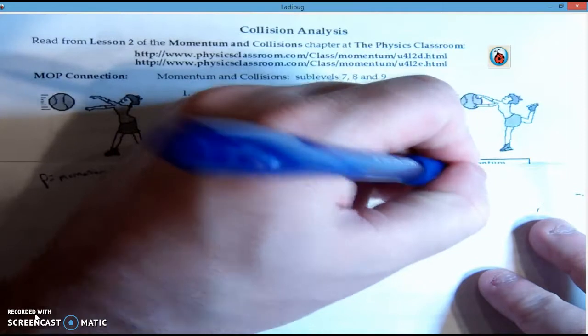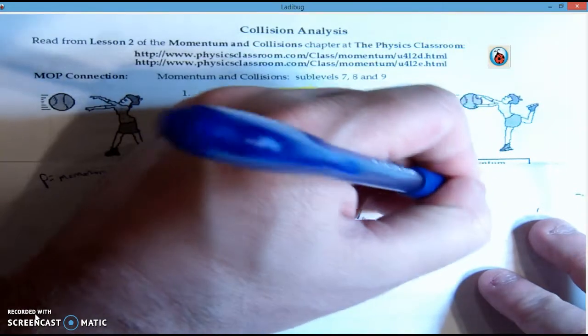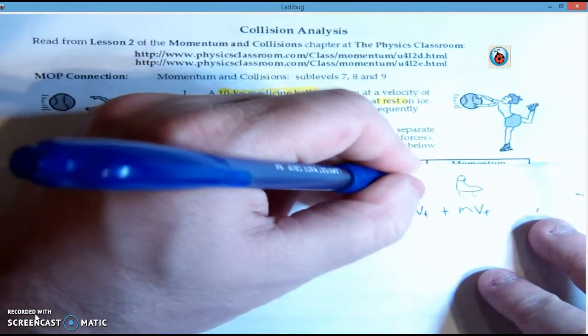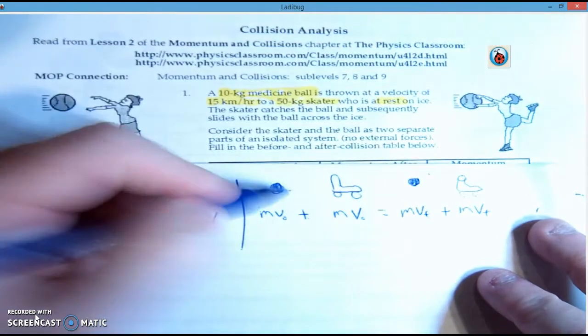Remember, momentum is mass times velocity. This is after collision. This is before collision, right?